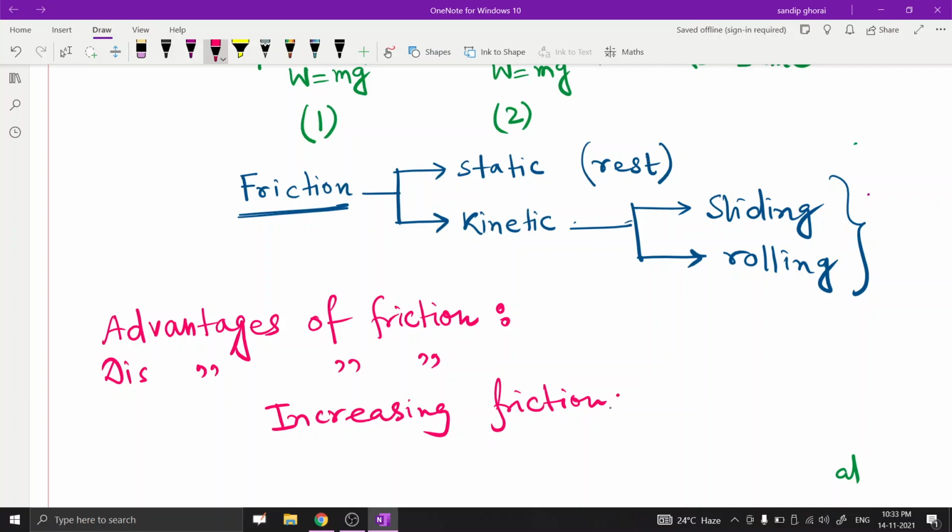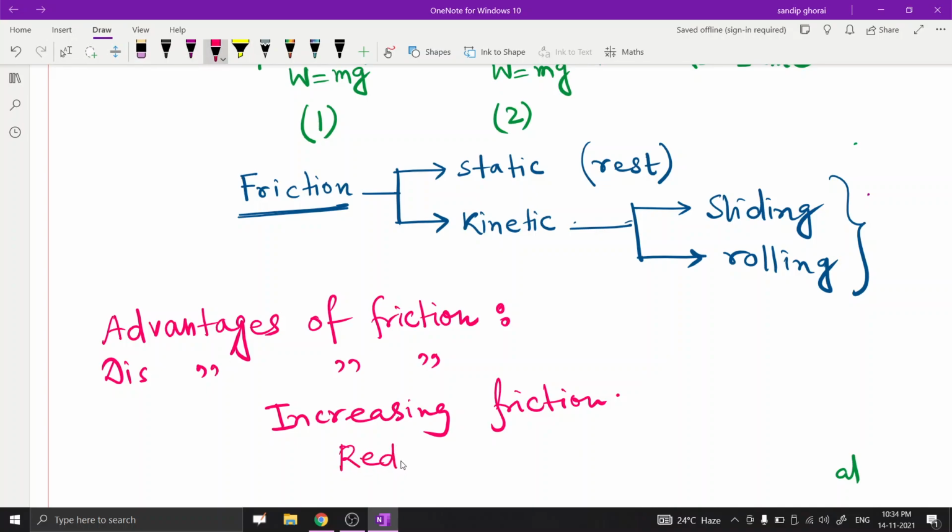Streamlining means giving a special shape to objects so that they experience minimum drag force while traveling through air or water. And you have to use some oil, then in this way you can reduce friction in the moving parts of a machine. These are the processes for reducing friction.